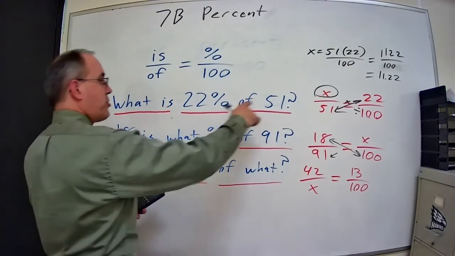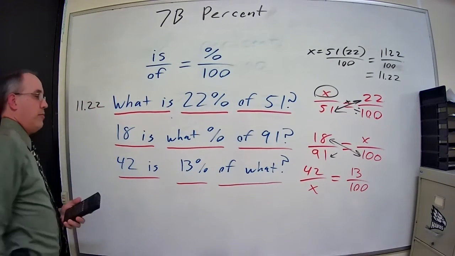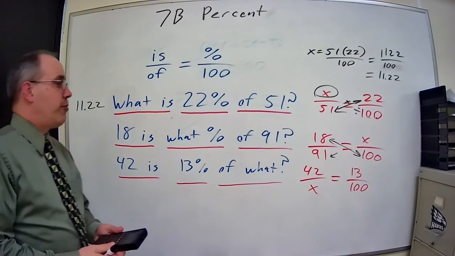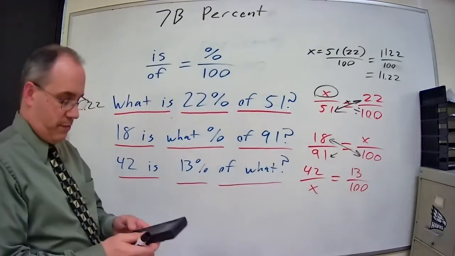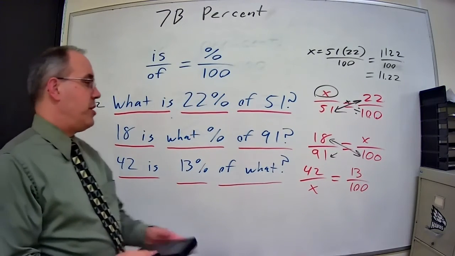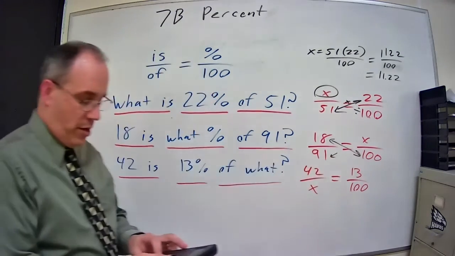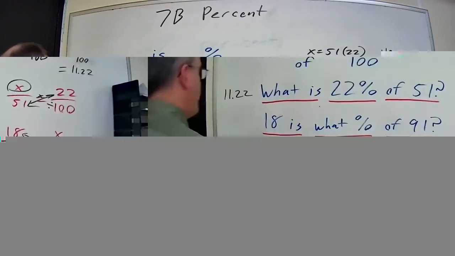So what is 22% of 51? 11.22. For the next one, 18 times 100 gives us 1,800, divided by 91 gives us 19.78.